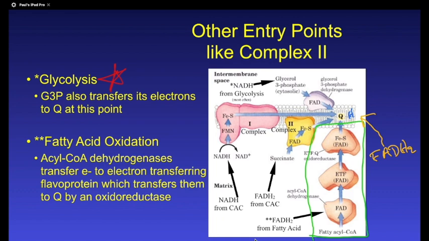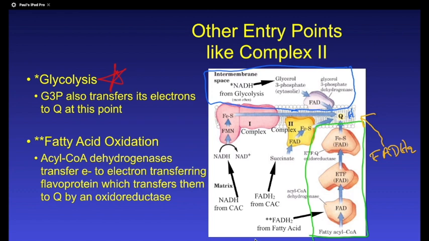But we also made an NADH, okay? We actually made 2 of those. The NADH that's in the cytosol is in the wrong place, okay? And so one way that NADH from the cytosol that came from glycolysis can get into the electron transport chain is to go through this enzyme right here called the glycerol 3-phosphate dehydrogenase.